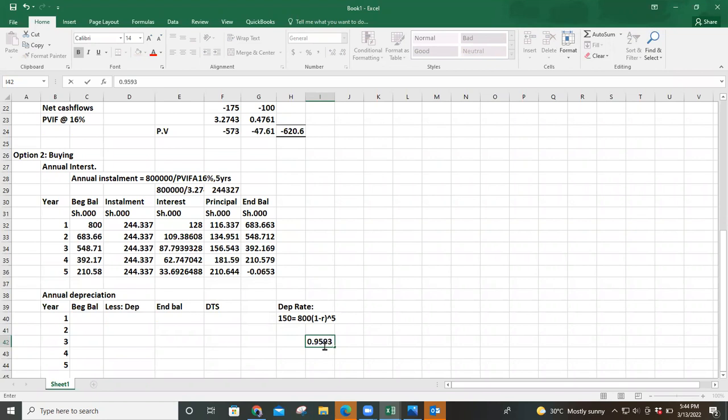0.9593, roughly, times 100, which gives us 96% roughly. So depreciation here is at the rate of 96%, a very high rate.